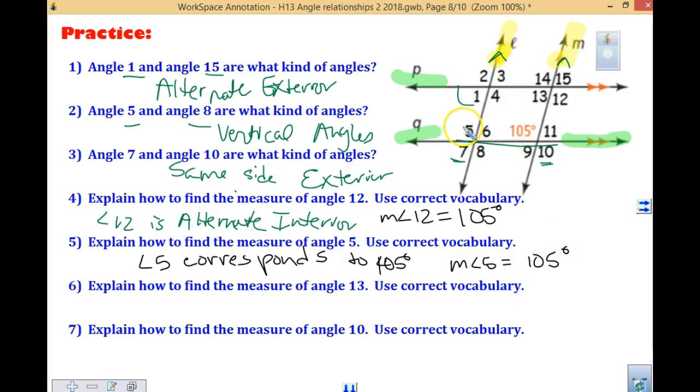So corresponding and alternate interior are going to be the same. Angle 13 in relation to 105. Zach, what do we think these ones are called? In between these two parallel lines, P and Q. And they are on the same side or alternating?